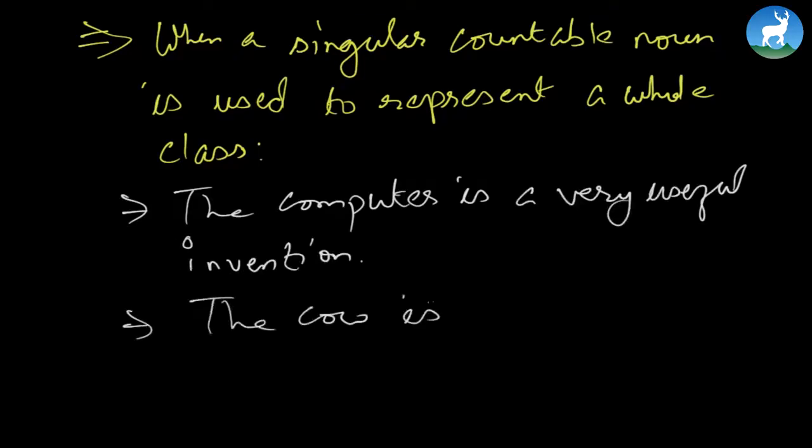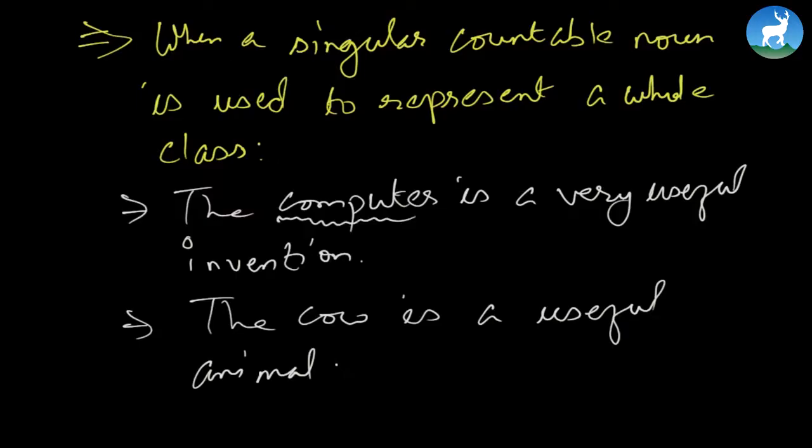The cow is a useful animal. So when a singular countable noun is used to represent a whole class, here by class we're talking about the kinds. For instance, here the computer. When we say the computer, the entire class of computers is represented here, and make sure it's always a countable noun. The cow, again, represents the whole class of cows, and make sure it's a countable noun.